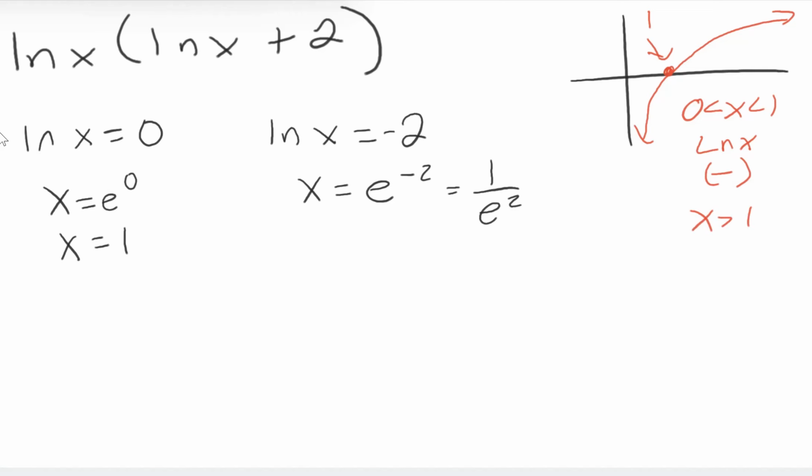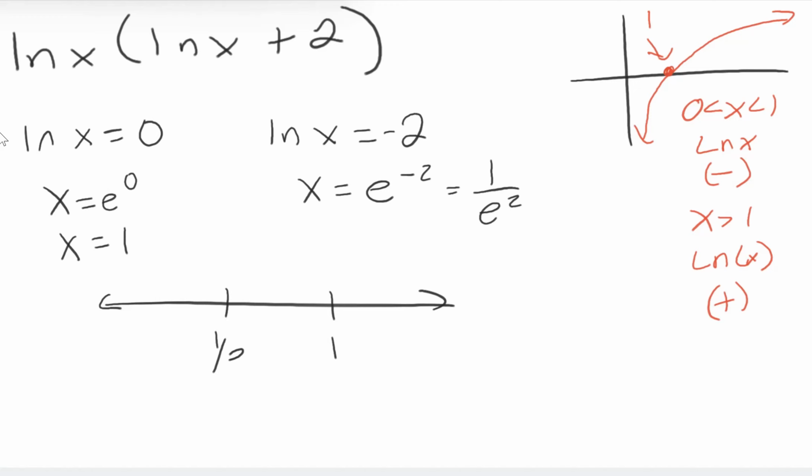When x is greater than 1, ln of x is positive. So on my number line I have 1 and 1 over e squared, and after that point it doesn't matter.